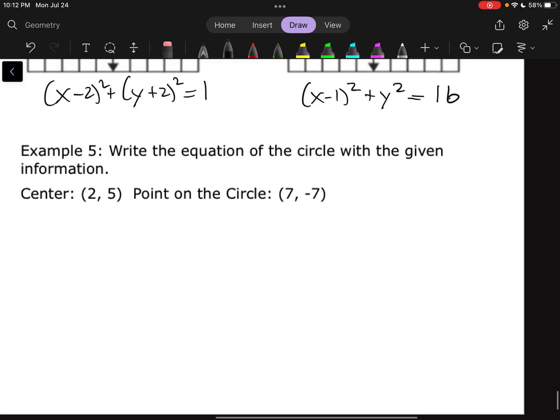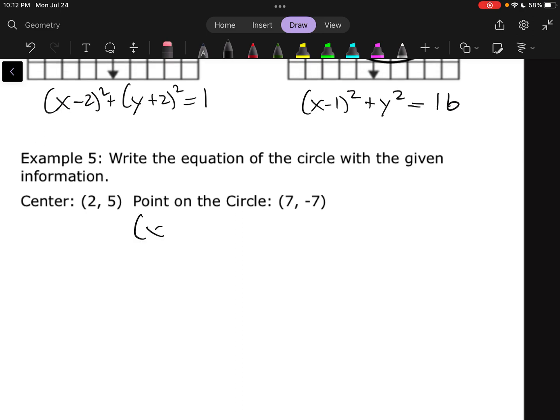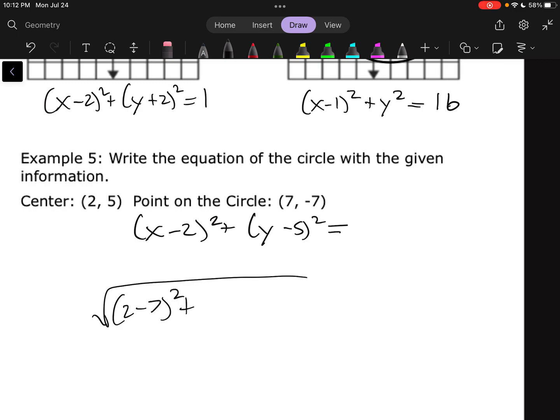And lastly, write the equation with that. So our equation should be x minus 2 squared plus y minus 5 squared equals, I don't know, let's do the distance formula. We do the distance formula with 2 minus 7 squared plus 5 plus 7 squared. Let's see here.